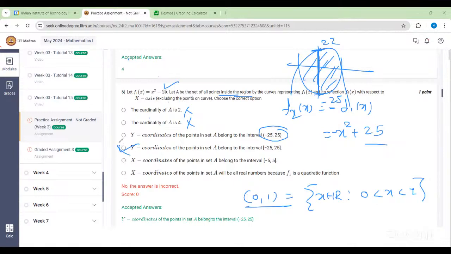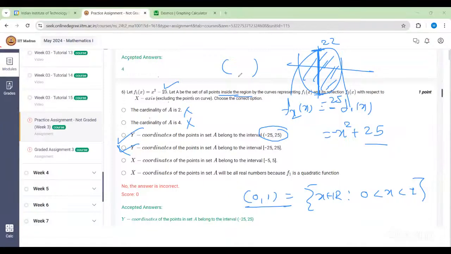So what is the difference between the options is the bracket. If this bracket is there, it means an open interval, not including these two points. Since A is the set of all points inside the region, that's why we have to choose the open interval, minus 25 to 25.